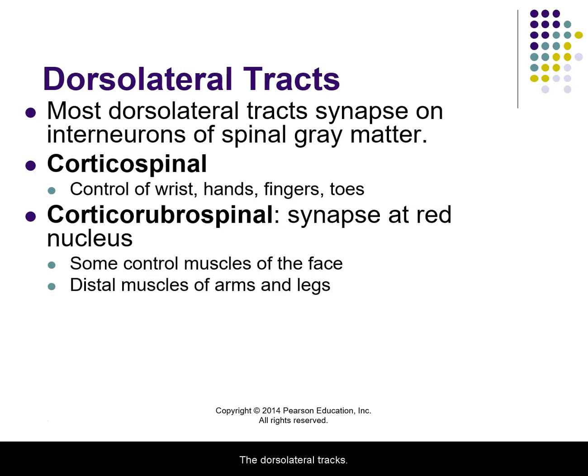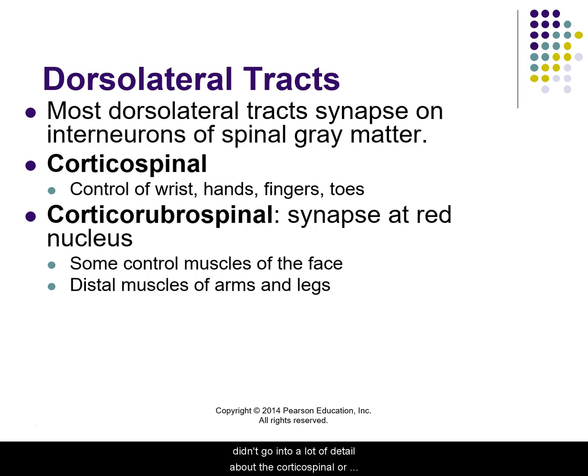The dorsolateral tracts. Most dorsolateral tracts synapse on interneurons of spinal gray matter. Okay, you have the corticospinal, which has control of the wrist, hands, fingers, and toes. I really tried to be careful reviewing this information for you, leaving out some of the things that I didn't think were necessary so that you could really focus on the most important part of this.